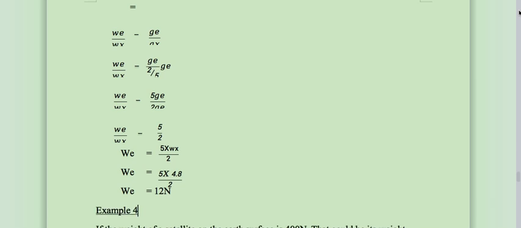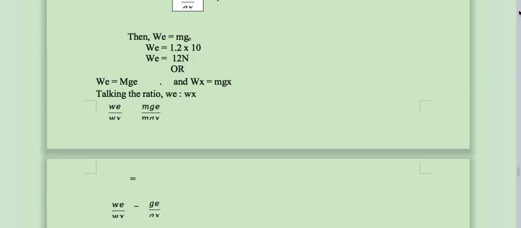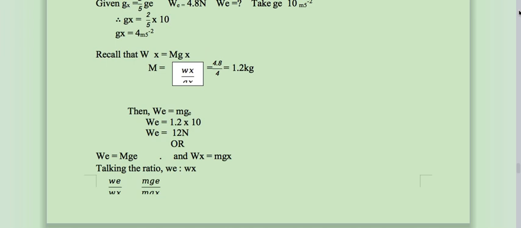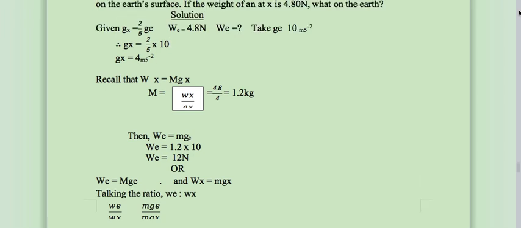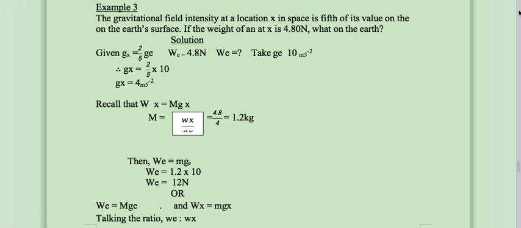Now we have two methods of solving this, but I will go with the first method. Recall that the gravitational field intensity at the location X, that is small g, is 2/5 of the value on the Earth's surface.